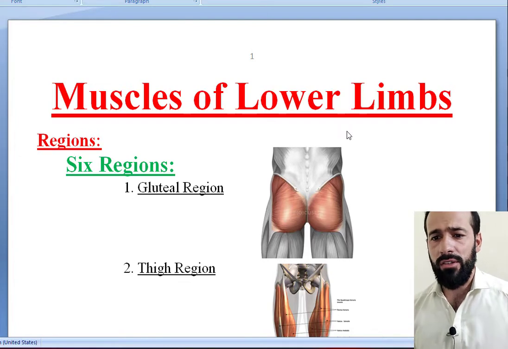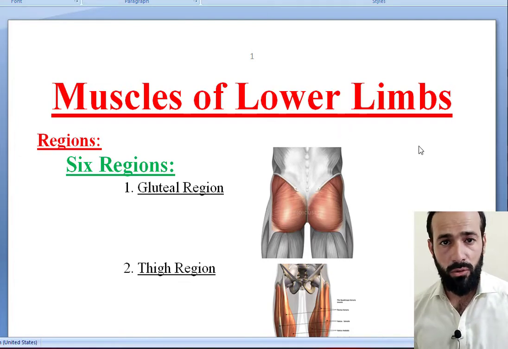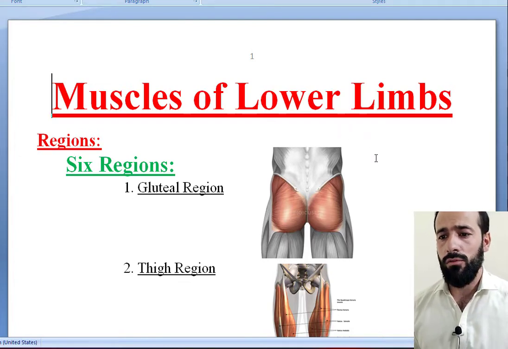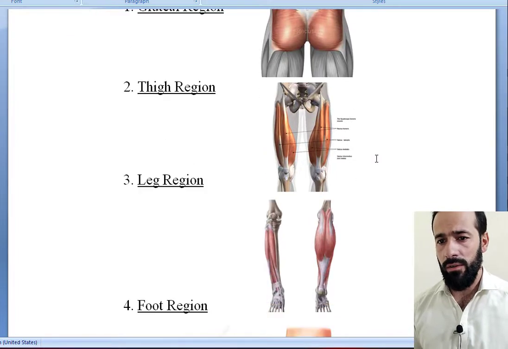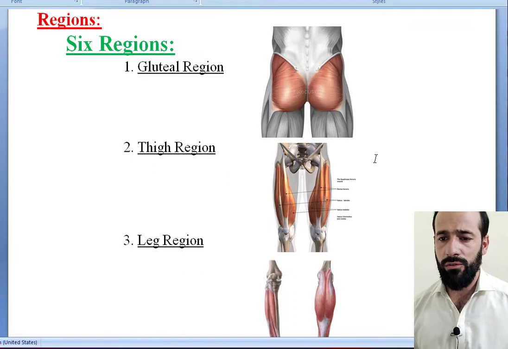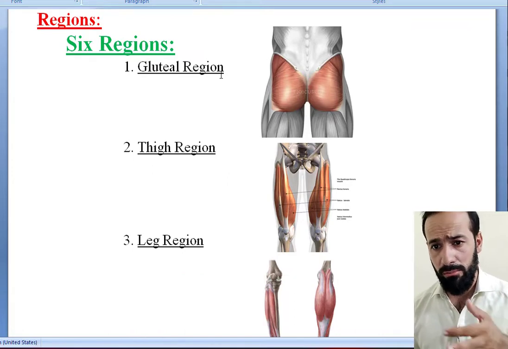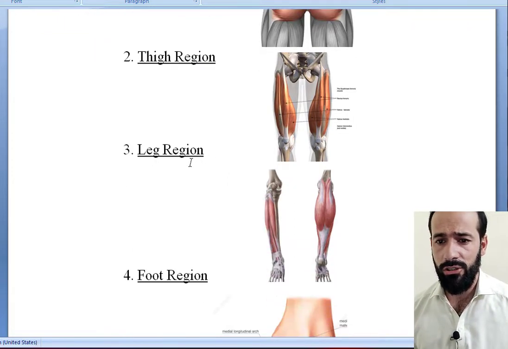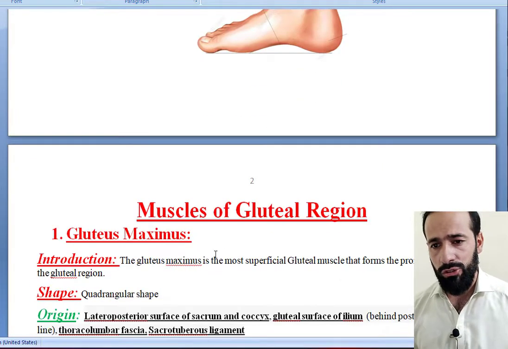You know that we are discussing the muscles of the lower limbs, right? In that, we have divided the regions of the lower limb in which we will discuss the muscles: the gluteal region, the thigh region, the leg region, and the foot region, right?